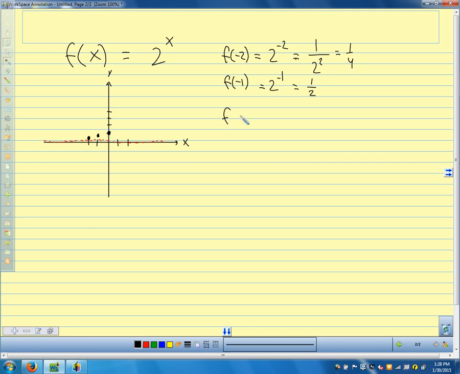So let's do f of 1 equals 2 to the first, which is just 2. And f of 2 is 2 to the second, which is 4. So I get a point up there. And my graph looks like so.